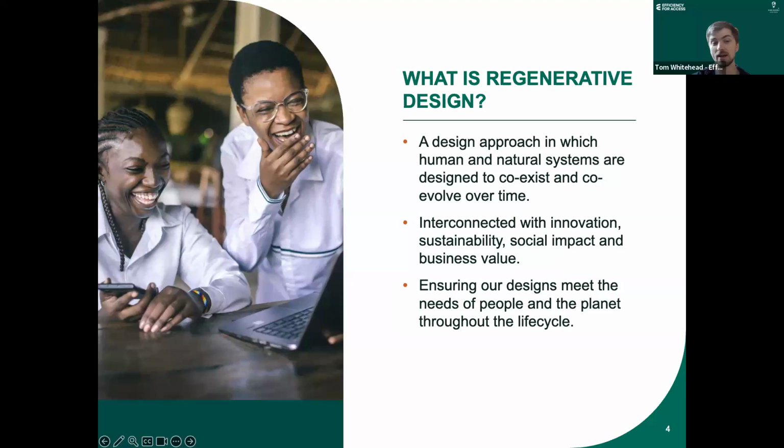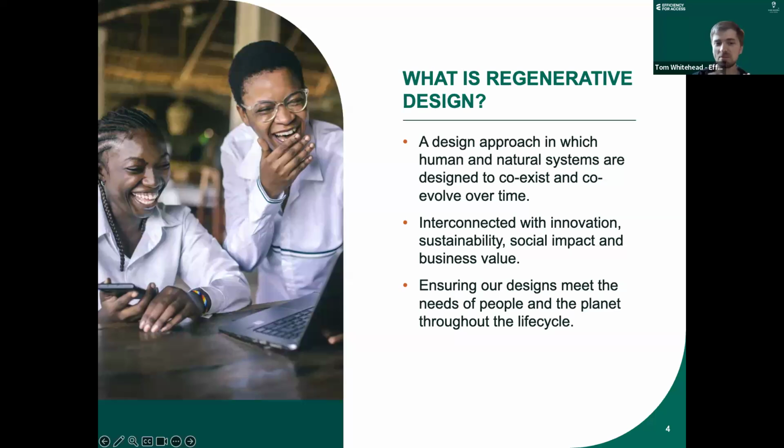I think a lot of design in the past has been about imposing ourselves on nature, trying to keep nature out, but actually we're seeing that given the climate emergency and a lot of the environmental challenges, that is not a sustainable way of designing. And so how can we think about not only coexisting with nature, but also allowing nature and our societies to evolve together over time.